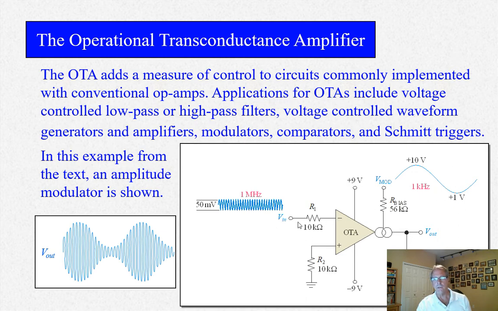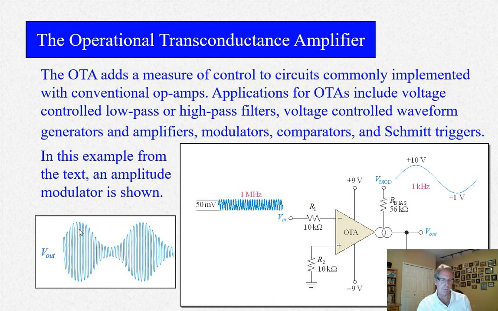Whatever voltage is applied to the input here at V in is modulated in amplitude by this V mod voltage. So in this case, we're going plus 10 volts to minus 1 volt at kilohertz. We're modulating that in amplitude, modulating this 1 megahertz waveform with this 1 kilohertz sine wave.